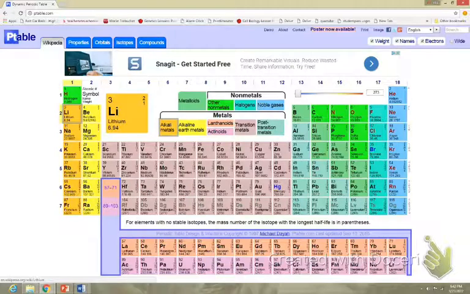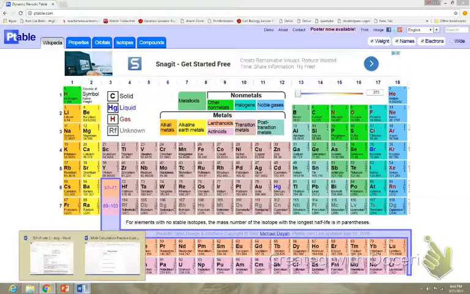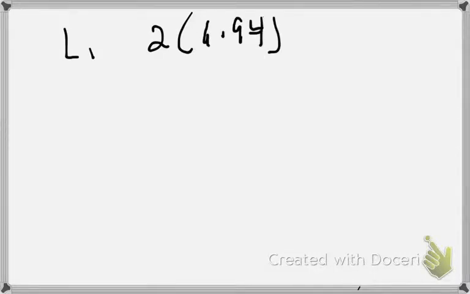Going back, there's lithium, and there's 2 of them. 2 times 6.94, so I got 13.88.